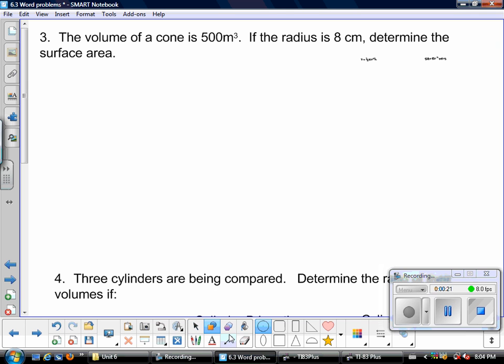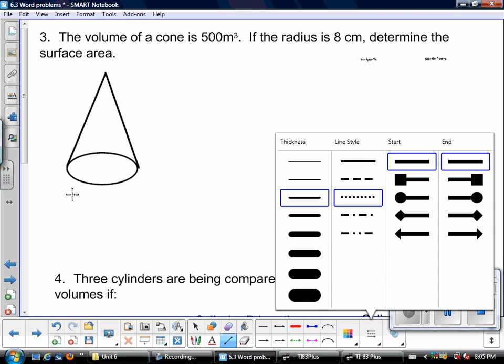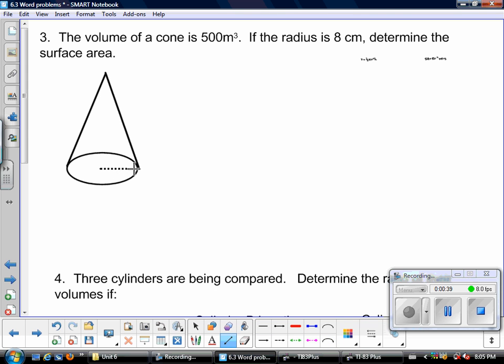Now, I suppose I could draw it freehand, or I'm just going to draw it a little bit using the tools that I have. Okay, so I have a cone. I know with a cone there's a few different shapes I'm interested in. I'm interested in a radius, the perpendicular height, and the slant height.